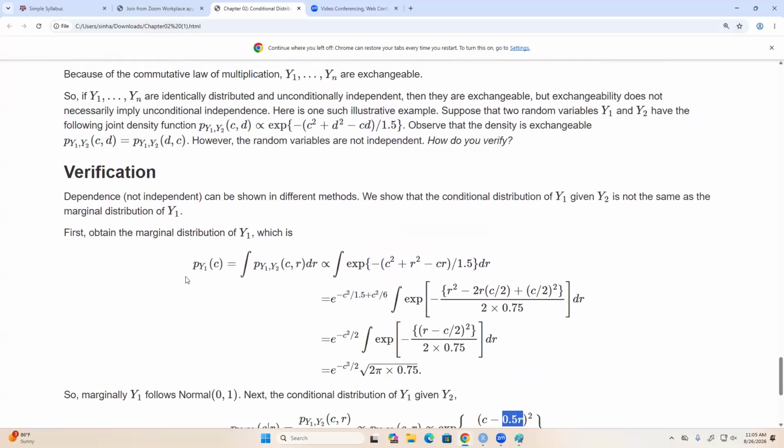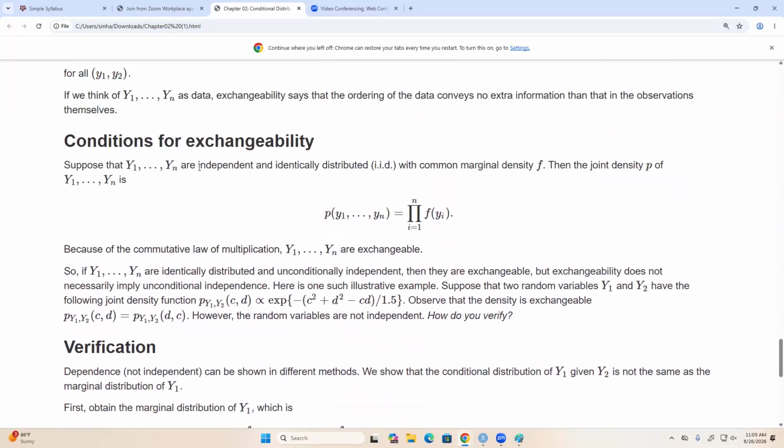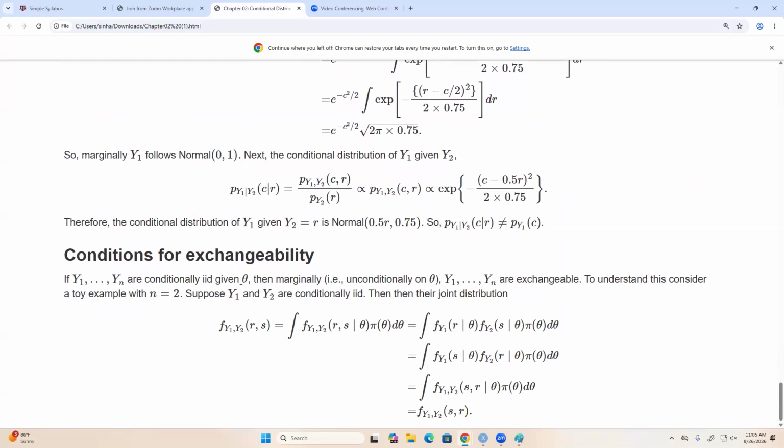Previously I said they are independent and identically distributed. I did not say conditionally. This time I'm adding an extra layer. So given theta, they are IID, then marginally y1, y2, ..., yn are exchangeable.